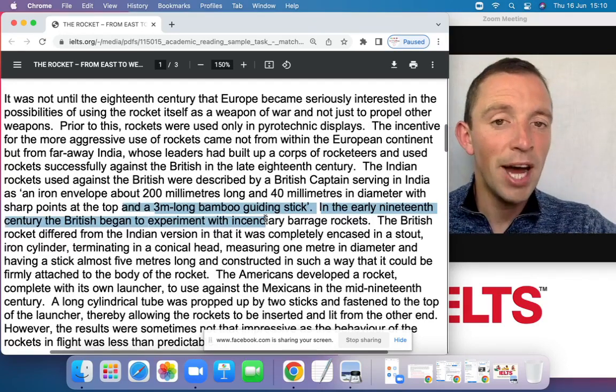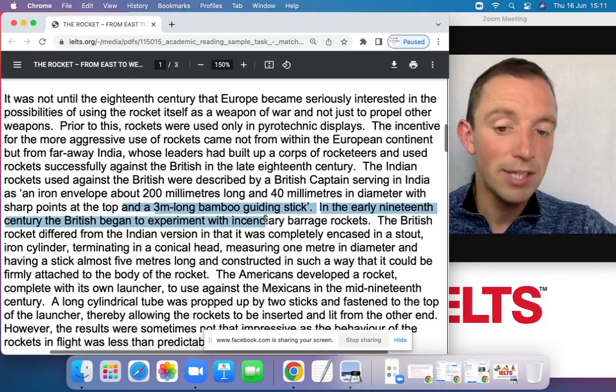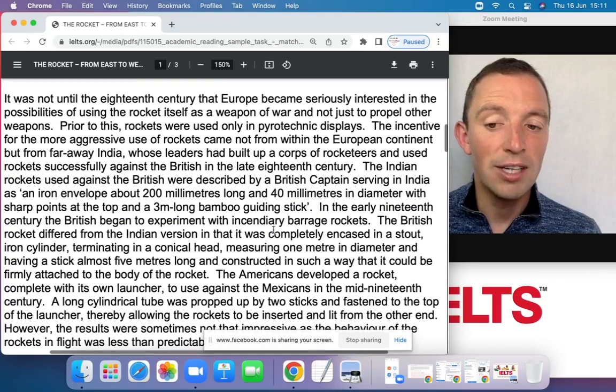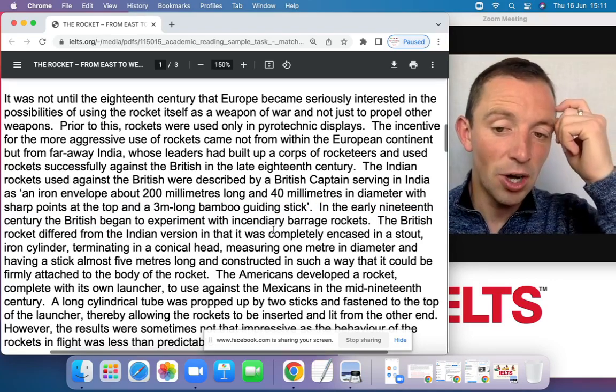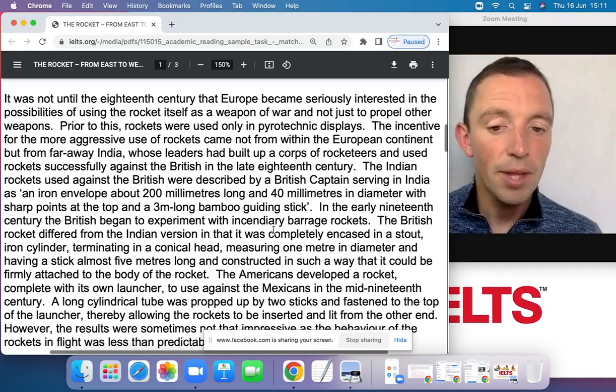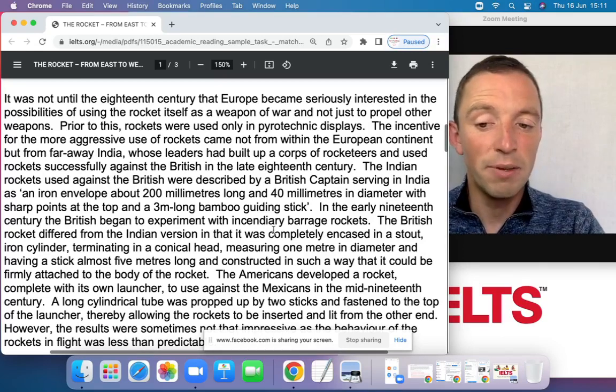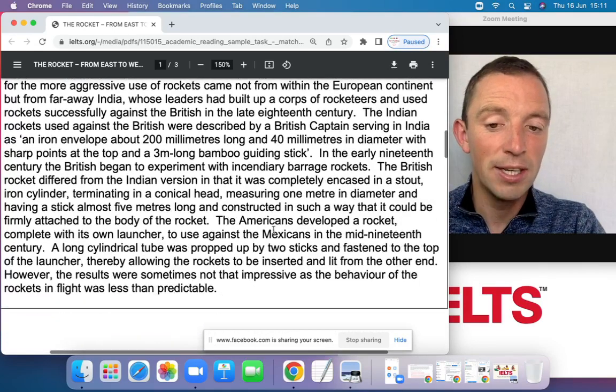In the early 19th century, the British began to experiment with incendiary barrage rockets. The British rocket differed from the Indian version in that it was completely encased in a stout iron cylinder, terminating in a conical head, measuring 1 meter in diameter and having a stick almost 5 meters long and constructed in such a way that it could be firmly attached to the body of the rocket.